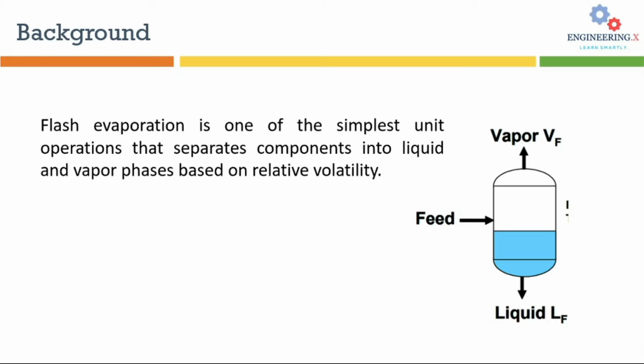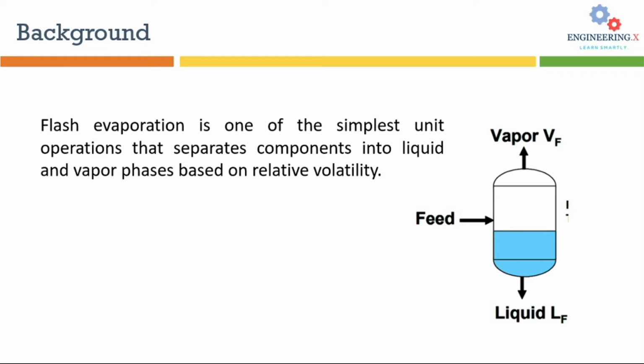Flash evaporation is one of the simplest unit operations that separates components into liquid and vapor phases based on relative volatility. Flash distillation is extensively used in the oil and gas sector, particularly oil refineries, where pre-flash towers are installed to lower the load on main distillation towers.